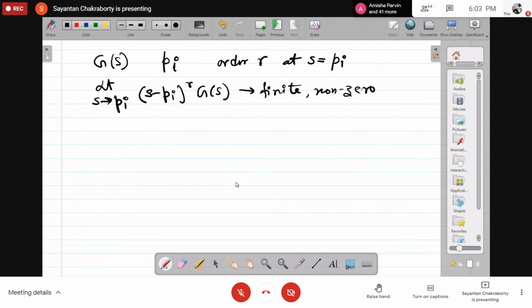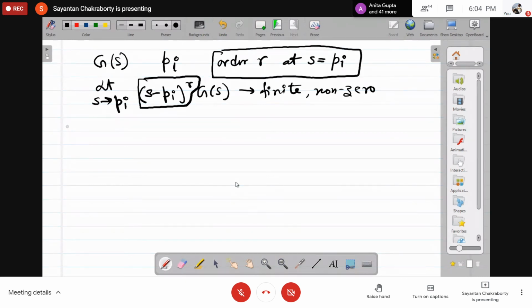This indicates that G(s) should contain this factor in its denominator. Since it has degree r, it's called a pole of order r. For r equal to 1, it's called a simple pole, right?